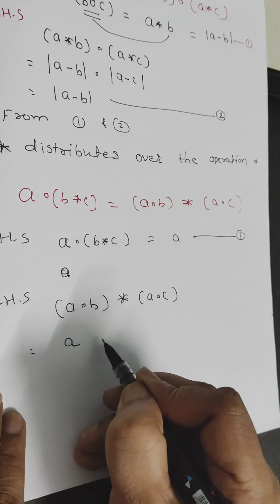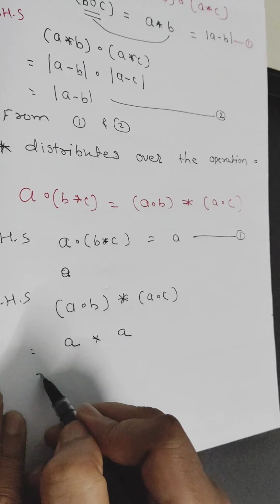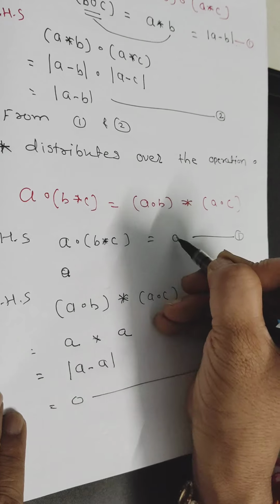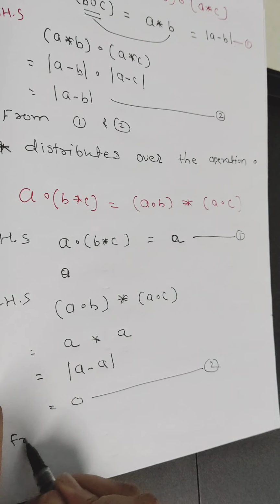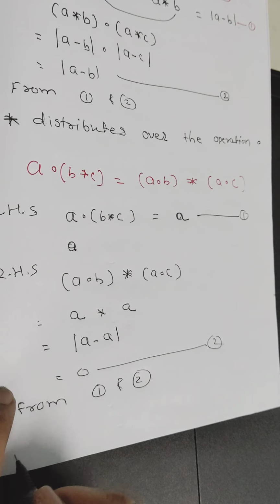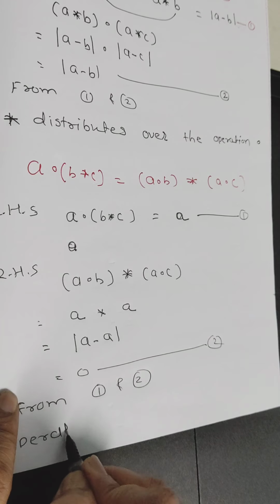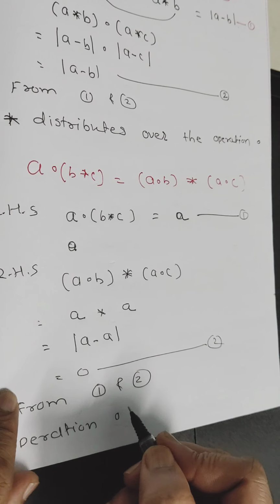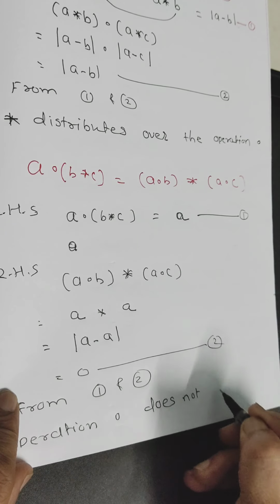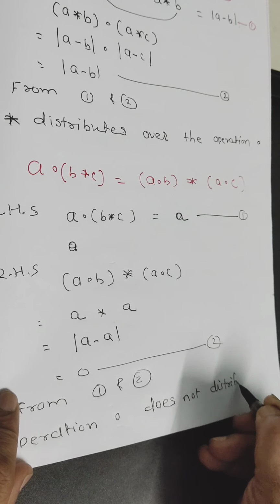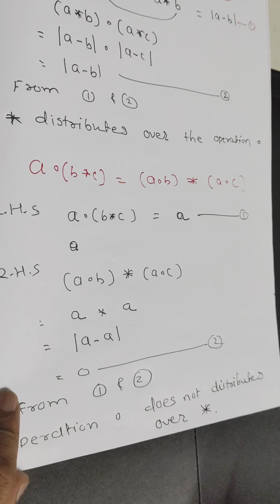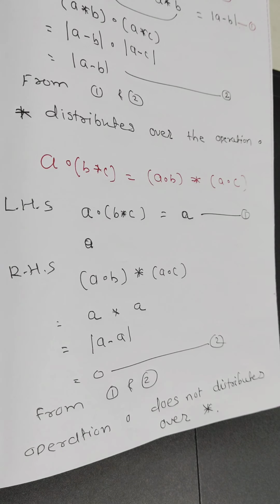Here A, here also A, and this is A minus A, that is equal to 0. Here answer is A, but from 1 and 2, operation does not distribute over this operation. Like this, it is 12.